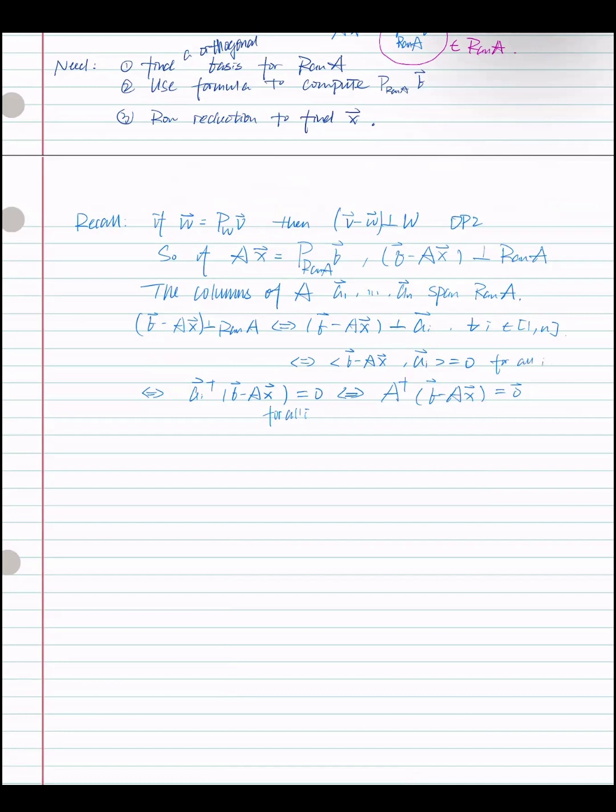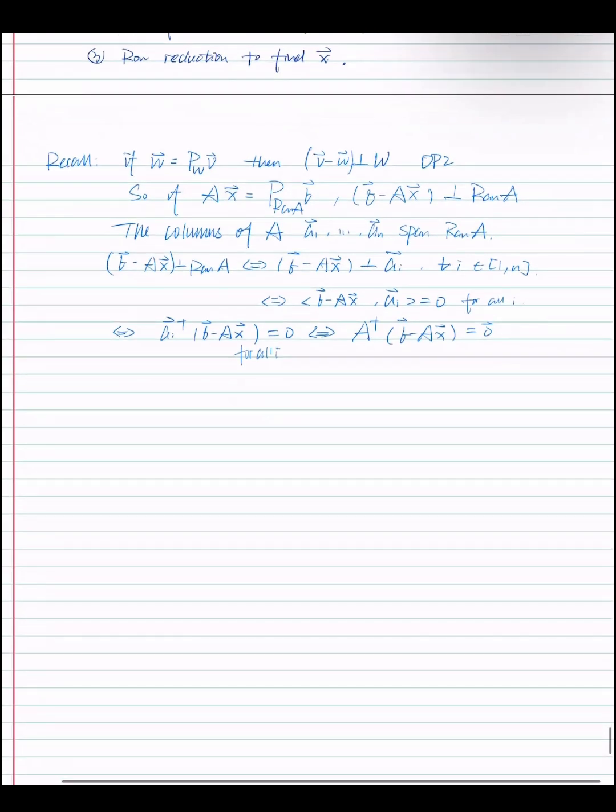Alright, let's simplify this. We have A dagger multiplied by the parenthesis, so we can do a distribution. We will have A dagger B minus A dagger AX equal to 0.